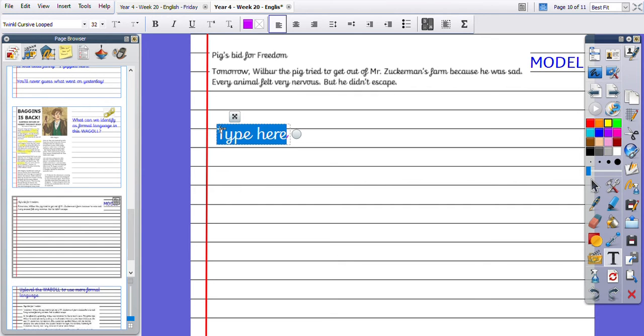Okay, so tomorrow. Let's change that to last week because we're in the past tense, so it can't possibly be tomorrow. Wilbur the pig. Well, we don't know who Wilbur is. We're a journalist. We've never met the pig, okay? So, a small runt pig attempted, so I've up-leveled the word tried to attempted to get out.